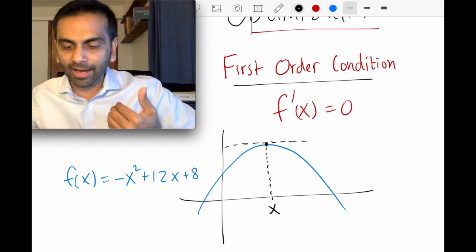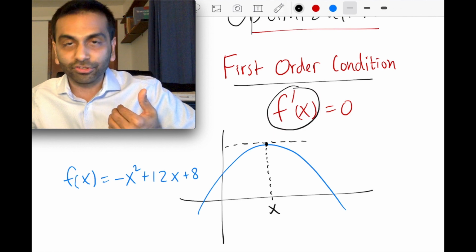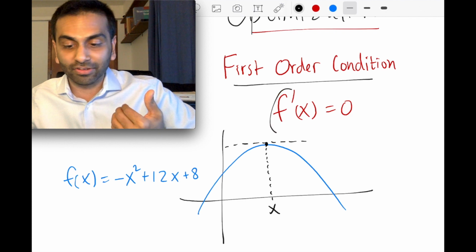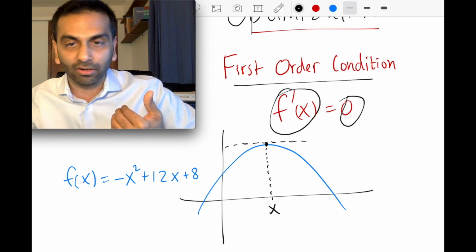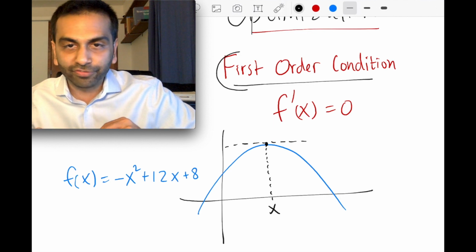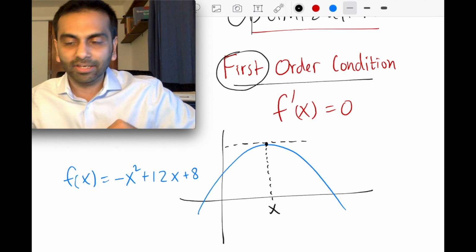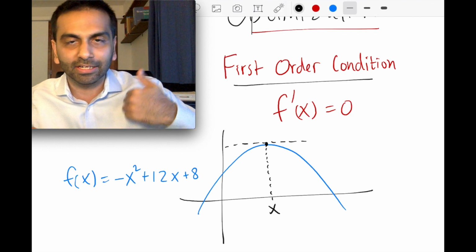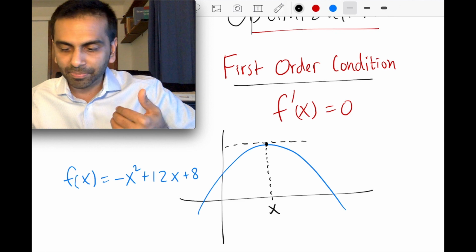And so how do we do that? How do we find where the first derivative is 0? Well, algebraically, you just find the equation of the first derivative and you set it equal to 0 and you solve for x. So this equation, the fact that the first derivative is 0, is called the first order condition. So again, the word first is because we're talking about the first derivative, or the slope, being equal to 0.